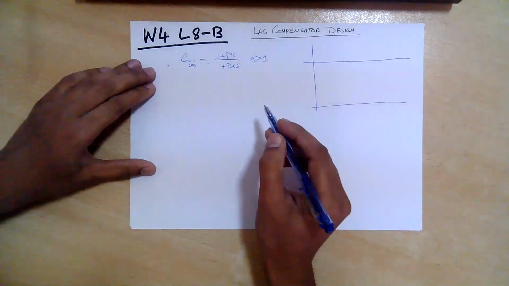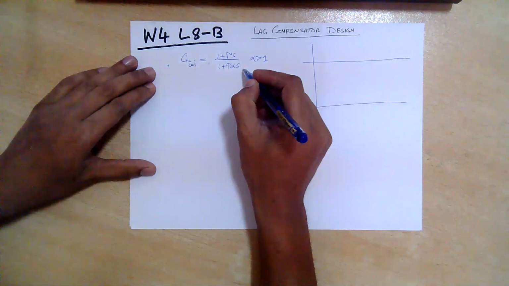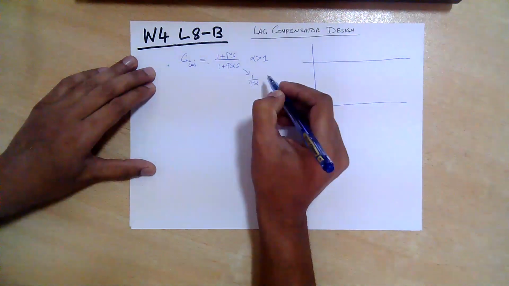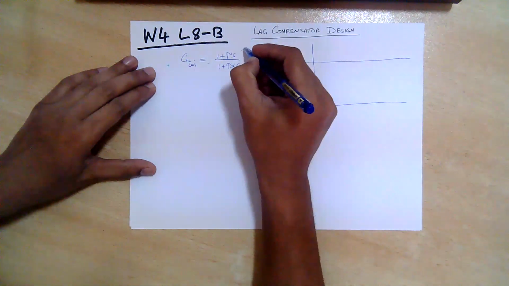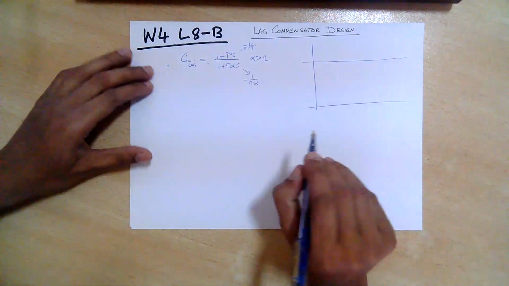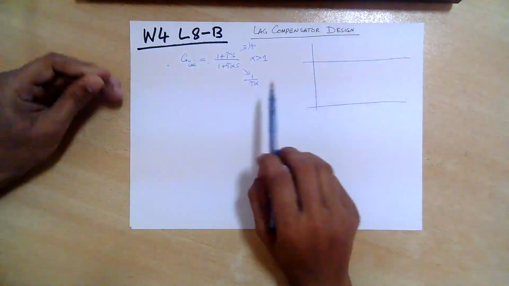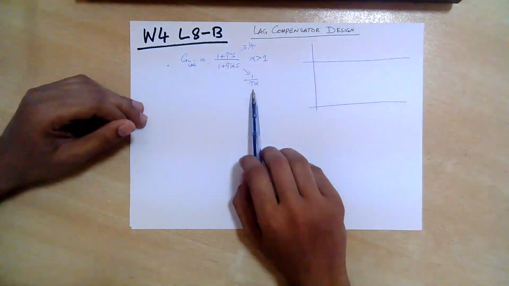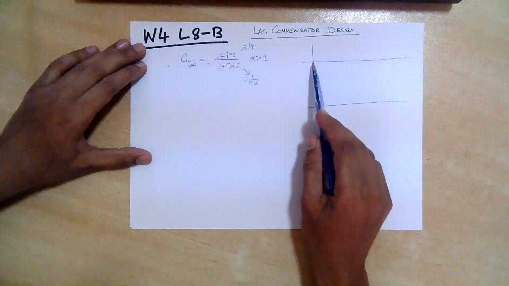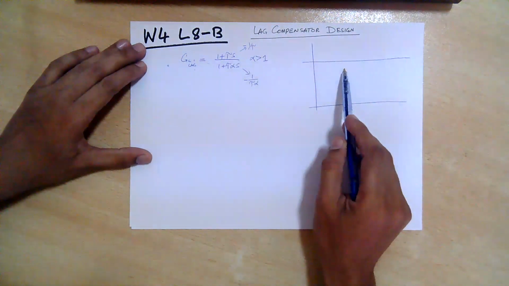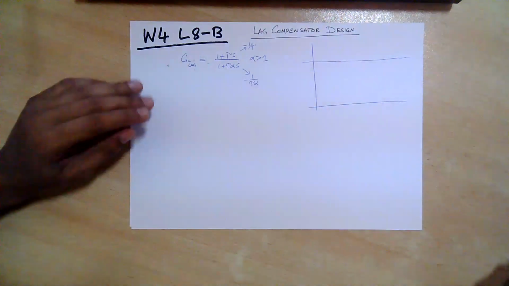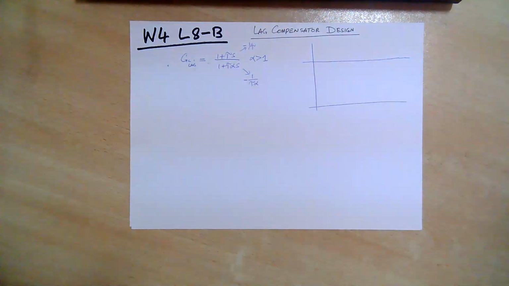So the pole is at 1 over tau alpha, and the zero is at 1 over tau with a negative sign. Alpha is greater than 1, so the pole will be at a lower frequency compared to the zero. So magnitude subtraction will start at a lower frequency, and then the addition in the magnitude will start at a higher frequency.